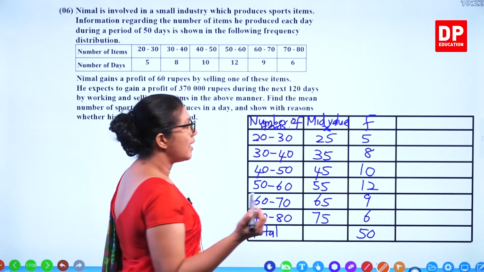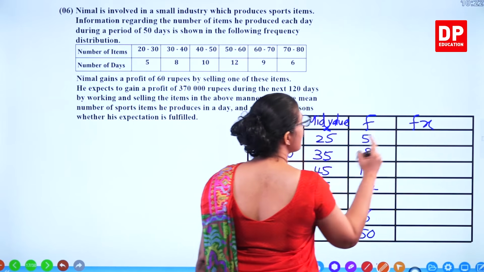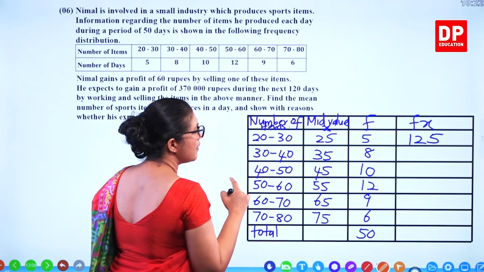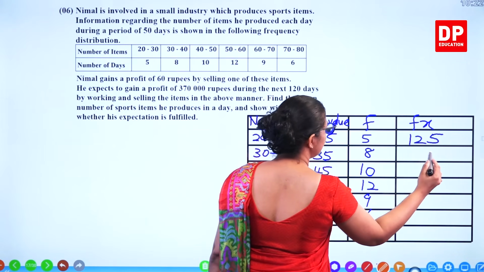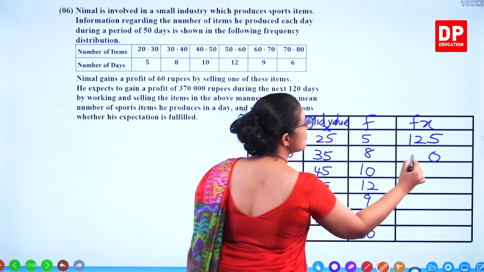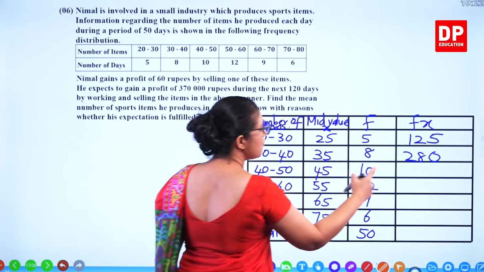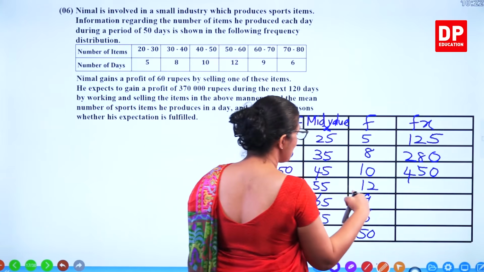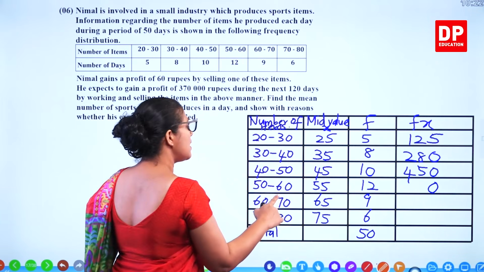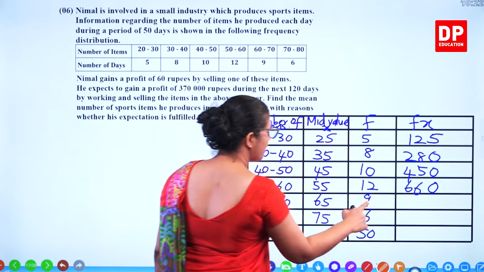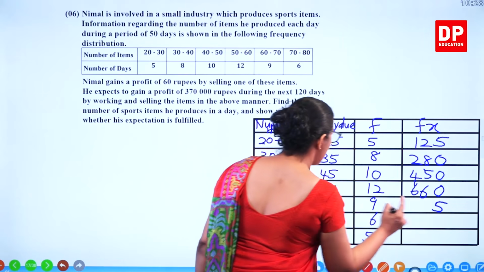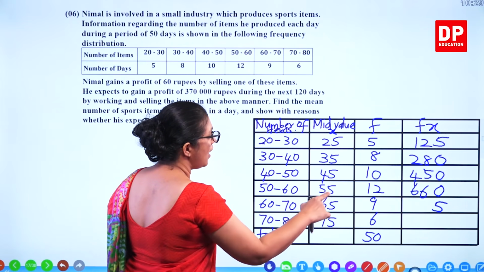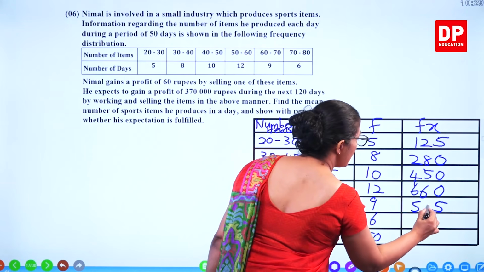Now you can find the multiplication fx. 25 times 5, 125. 35 times 8, 280. 45 times 10, 450. 12 times 55, 660. 9 times 65, 585.